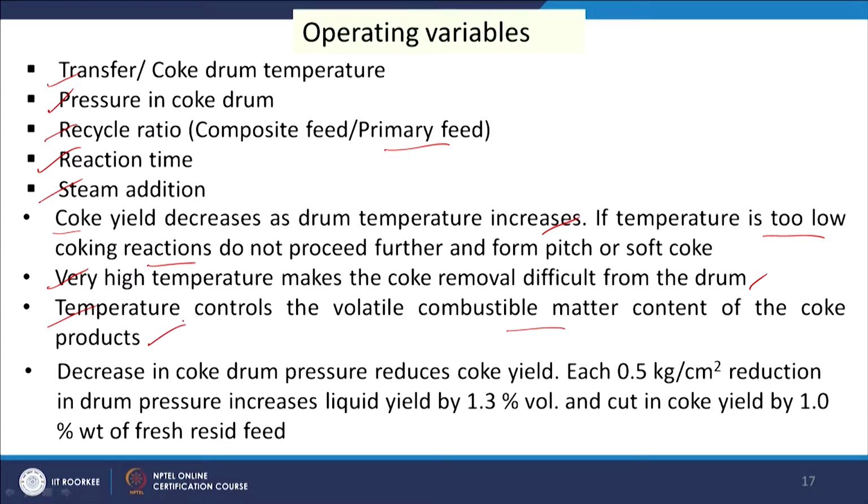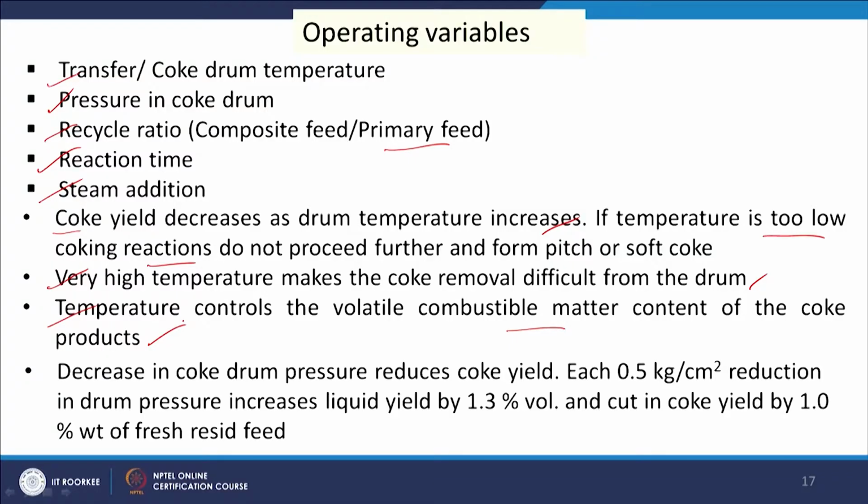And if we change the pressure of the coke drum, if we increase the pressure, then we may get more condensation of the vapors into coke. So, coke yield will increase, but if we reduce the pressure, then we will get more liquid product. So, a decrease in coke drum pressure reduces coke yield.